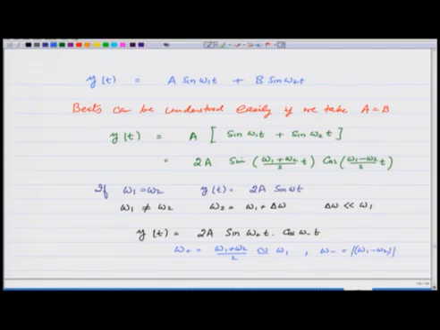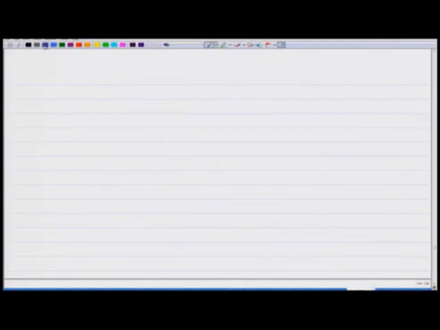For cosine it does not really matter, divided by 2. So, what I have is that y t is equal to 2A, which is some amplitude, sine of omega plus t and cosine of omega minus t. Omega minus is much less than omega plus.